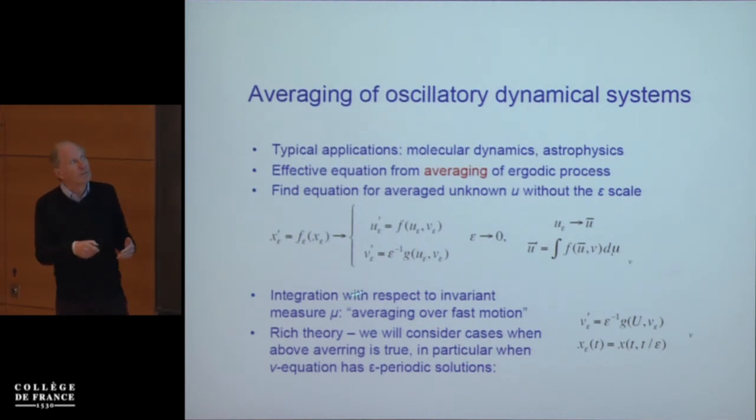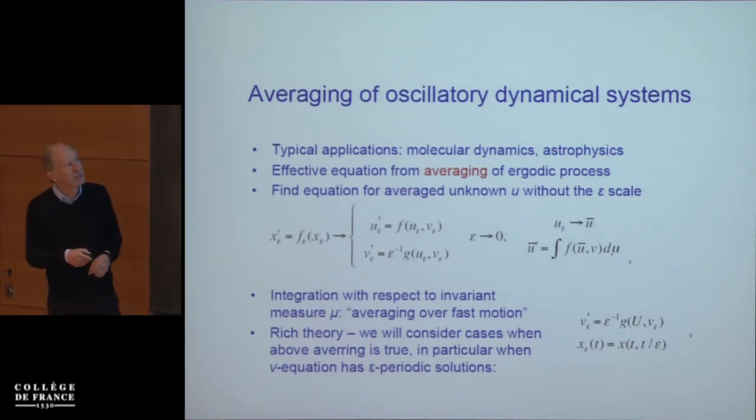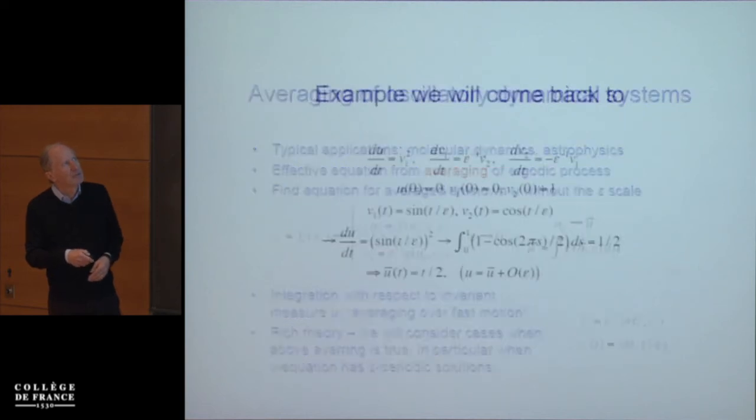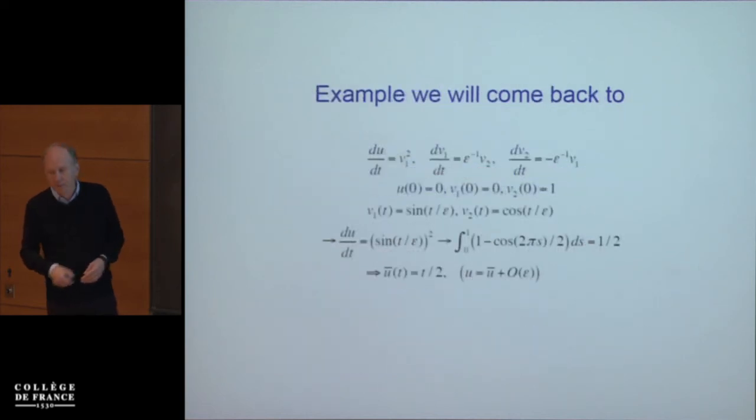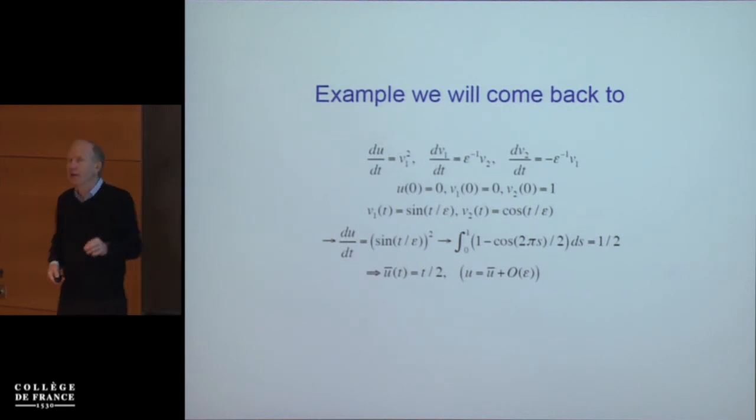So for now we will not go into the rich theory that exists in the generality, but we will assume this is doing that and take as an example where it's easy to prove. So this is the other type of guideline that comes in as a background. We will be able to try to mimic this in some way over there. And this is an example we'll use, both how it's easy and how modifying it makes it difficult.